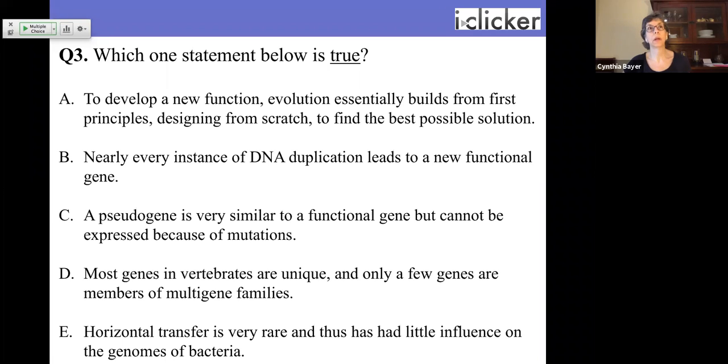Let's see, different types of G protein coupled receptors. We'll talk about those in a later chapter. The multiple different types of those arose by gene duplications and are members of multi-gene families. And as we just stated on our previous slide, horizontal transfer is very common in bacteria and has had a big impact on their genomes.